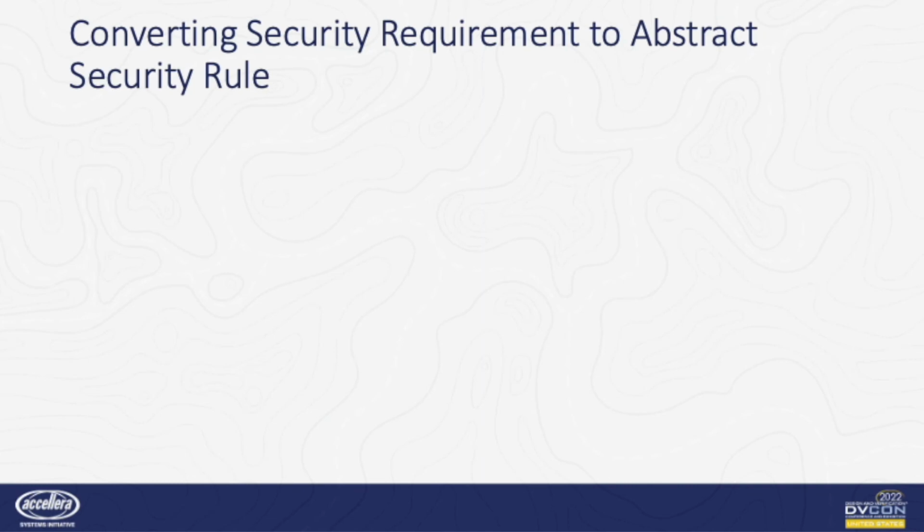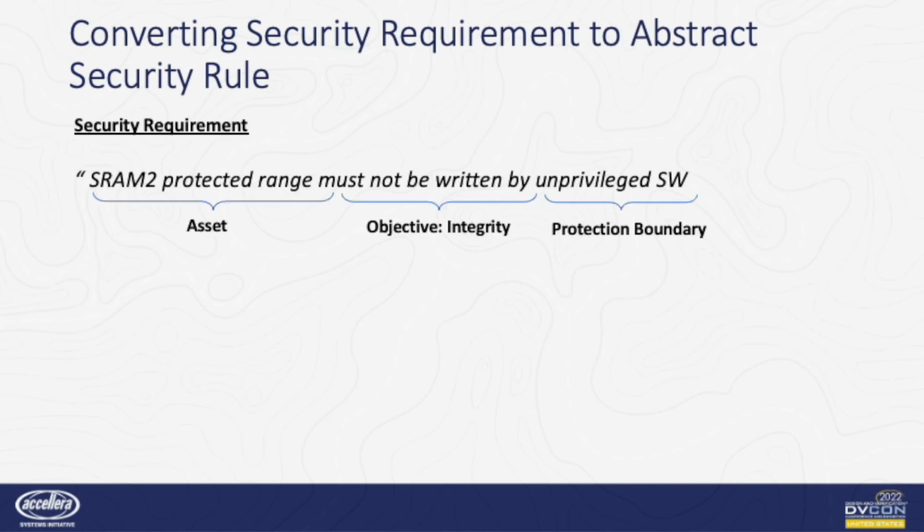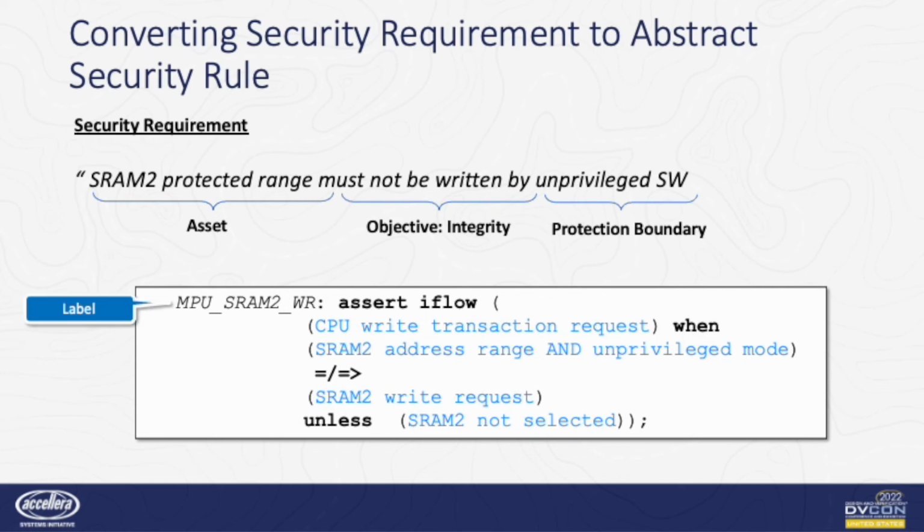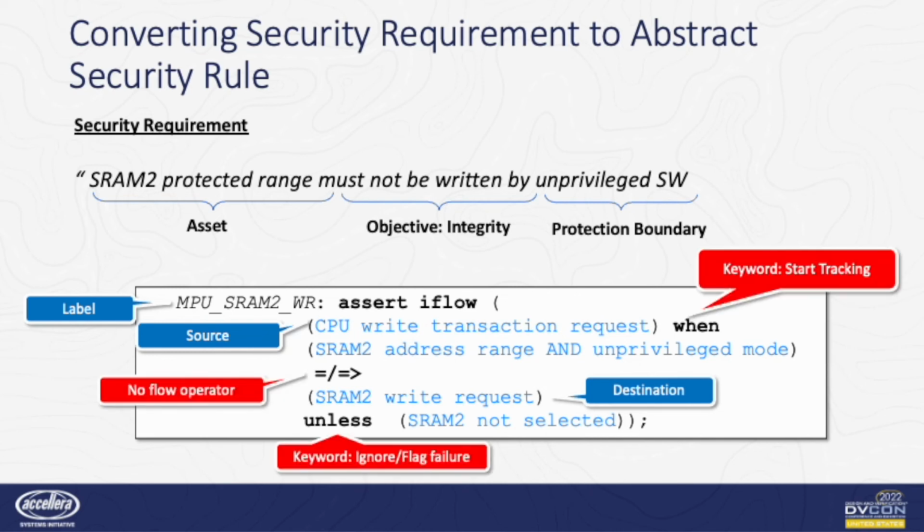Now that we have the security requirement for the integrity flow to the SRAM2, let us now write the abstract security rule. We have the rule label, we have the source and the destination. In this case, the source is the write transaction request from the ARM core, and the destination is the write request that is fed into the SRAM2. We want to make sure that the write request from the ARM core does not flow to the input of the SRAM2 write request.